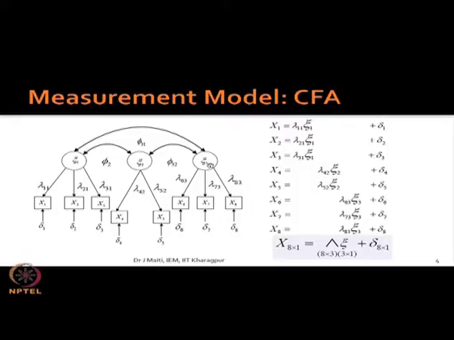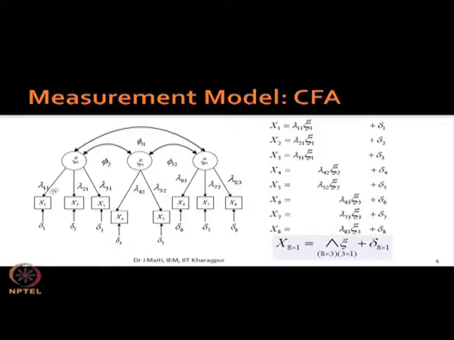So, in confirmatory factor analysis, the basis is that there are hidden constructs, or latent constructs, in other words hidden variables, xi1, xi2, xi3, which are the causes of some manifest variables like x1, x2, x3 to x8.